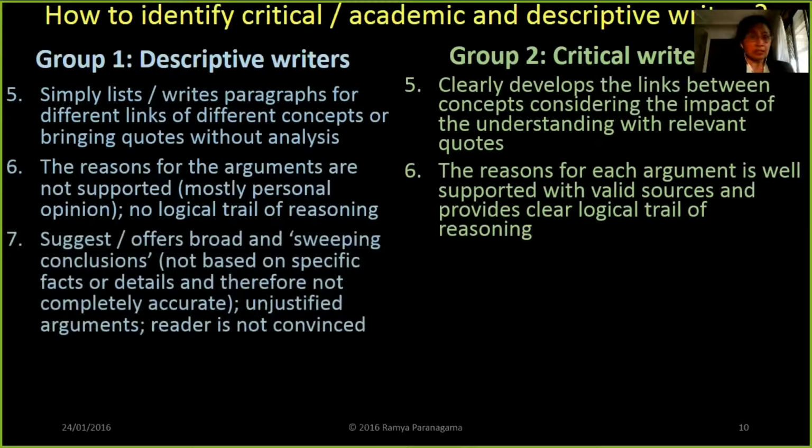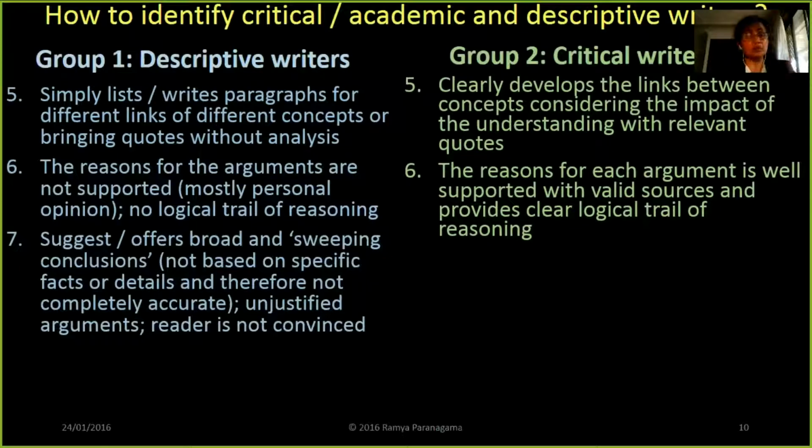So the seventh difference of descriptive writers is they are suggesting and offering conclusions without having any reference, without building an argument. They're so good at writing a conclusion. We call it sweeping conclusions coming from nowhere. So telling the marker or the reader to accept what that person says, right? It's unjustified arguments. The reader is not convinced.